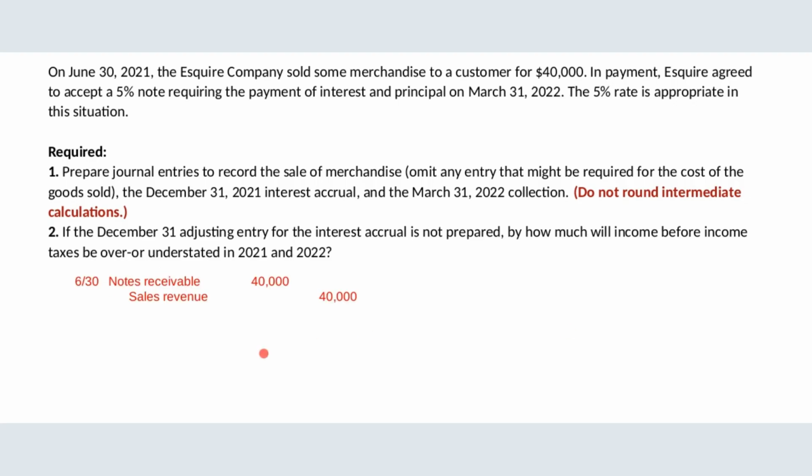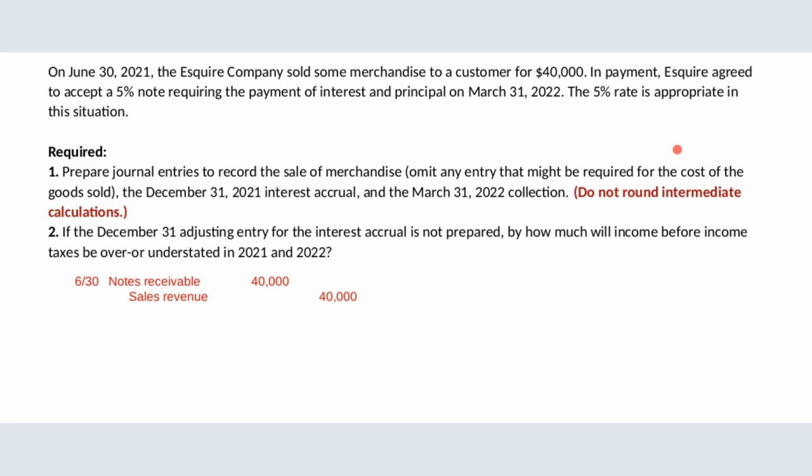And on December 31st, we have our interest receivable, interest revenue. And the note is actually for how many months? July, August, September, October, November, December, January, February, March. 8 months. Multiply by 5%, multiply by, so that's July, August, September, October, November, December.